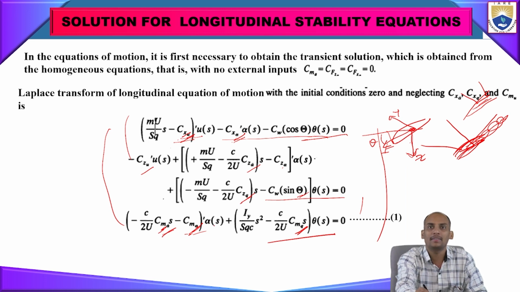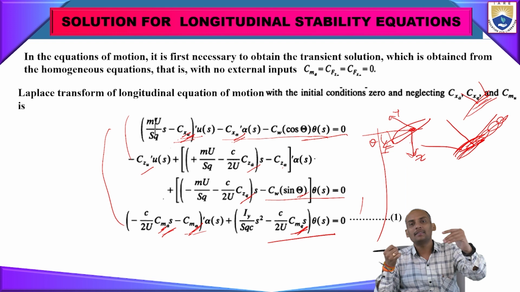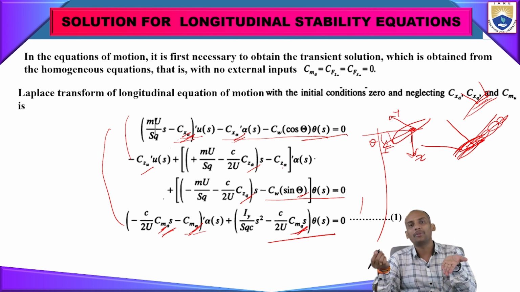So Cm alpha and Cmq are all related to moment things. So these three equations are related to three types of axis notation: the linear axis, the downward axis, and the moments with respect to those forces. Those things only are considered in this equation.